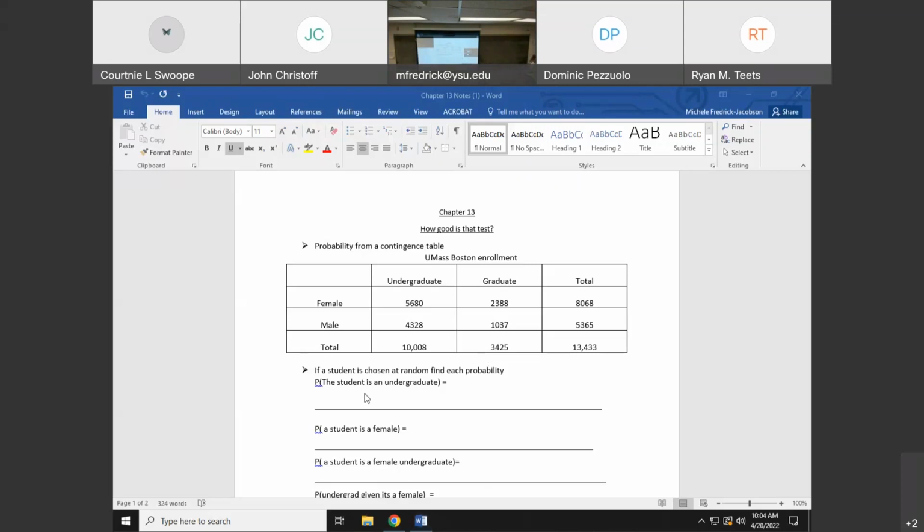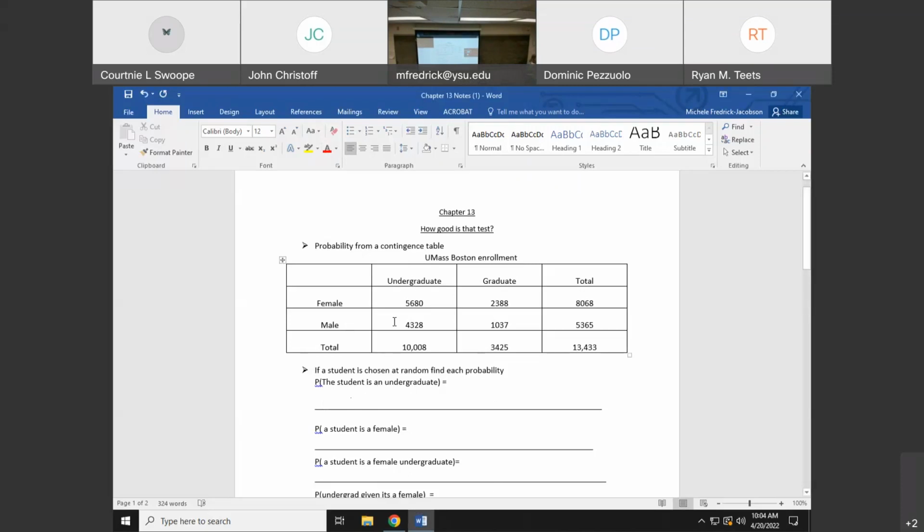So we look at the first one. The student is an undergraduate. Remember when we do probabilities, we take the total in the group that we want divided by all of them. So in this case, the student is an undergraduate.